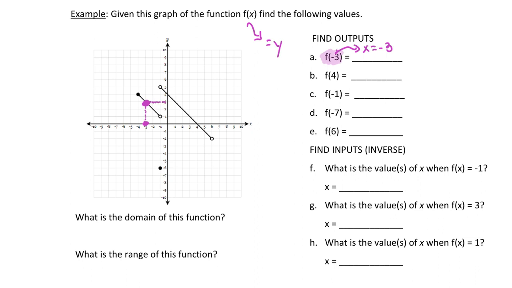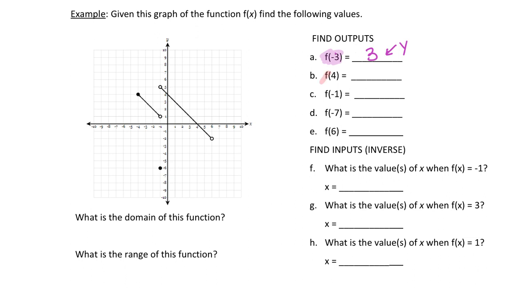So when I go over to my y-axis, I can see that my y value is +3. So y equals +3. When x equals -3, y equals 3. And that's what f of -3 means. We put in the -3, we get out the y value, which is +3.